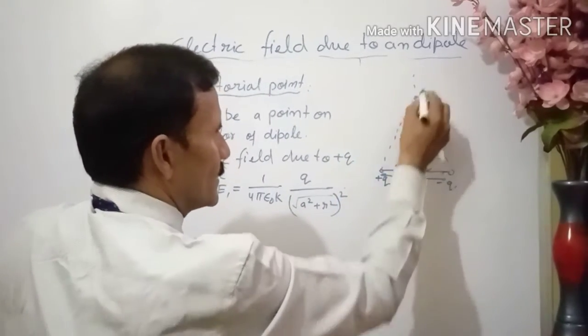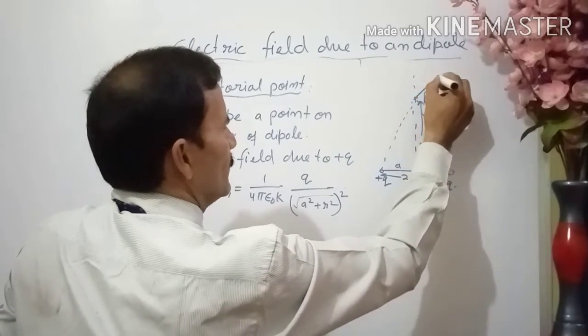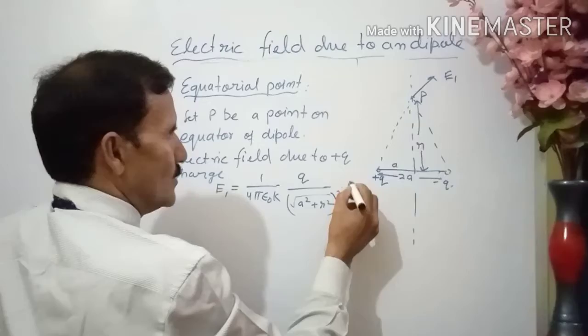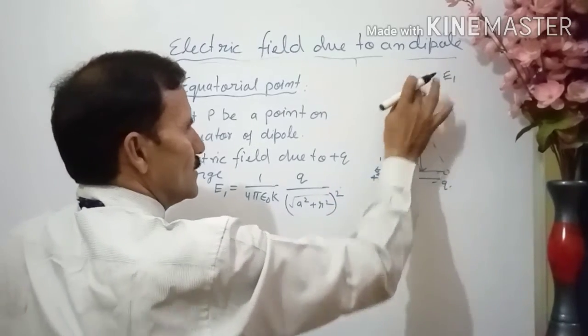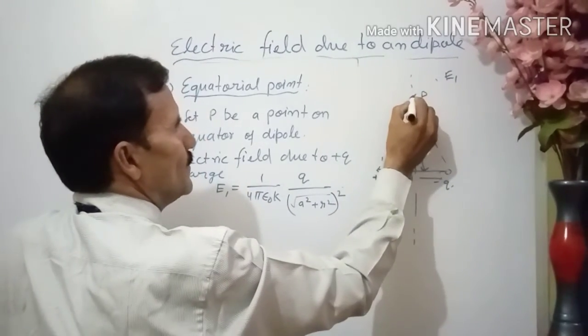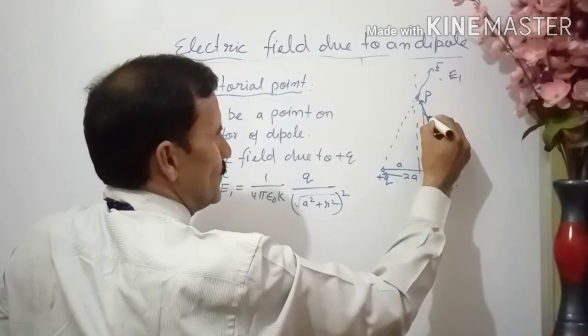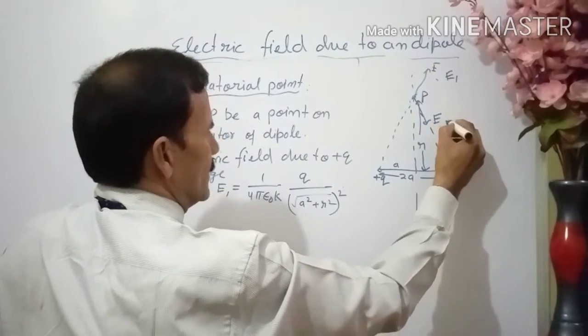And what is the direction? It is away from the charge, so suppose it is E1, okay? E1 is away from the charge, so it will be away like this, E1, and E2 will be towards the charge.